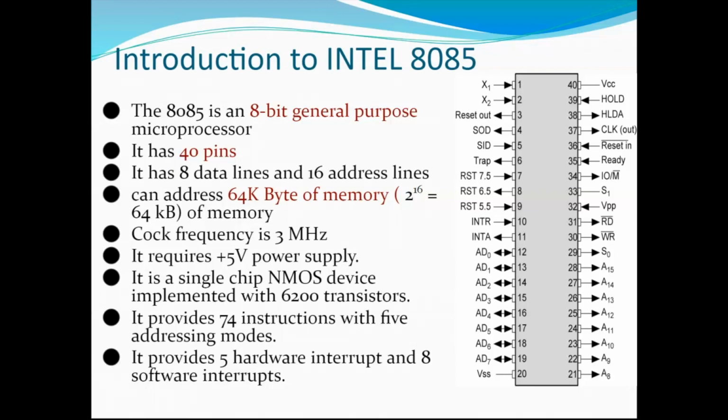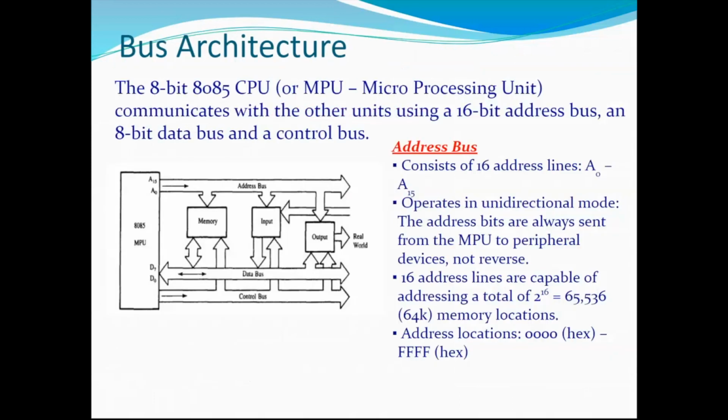The clock frequency of the 8085 is 3 MHz with a +5 volt power supply. It's a single chip NMOS device implemented with 6200 transistors. It provides 74 instructions with 5 addressing modes.